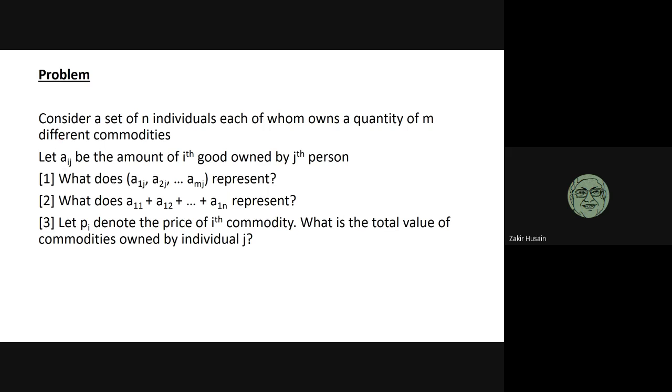Okay, so let me repeat this. You have already answered the first question, that A1j is the amount of first good owned by the jth person.